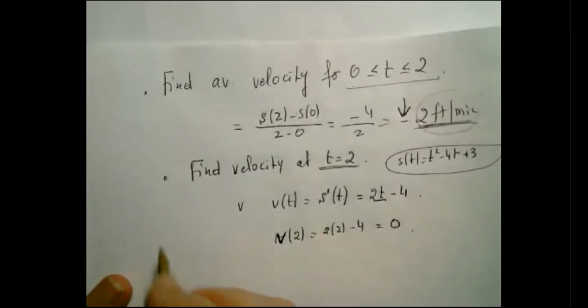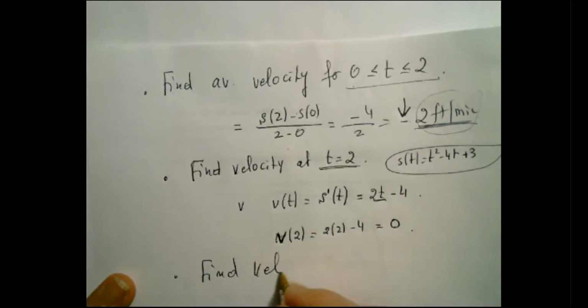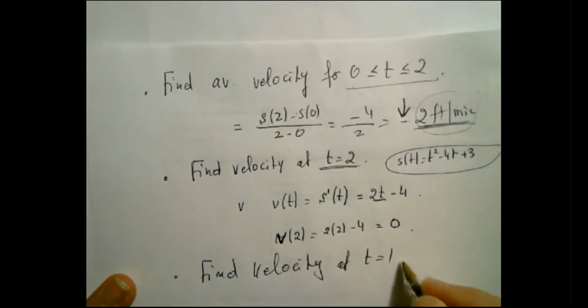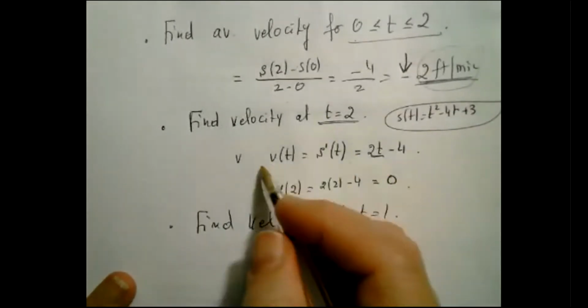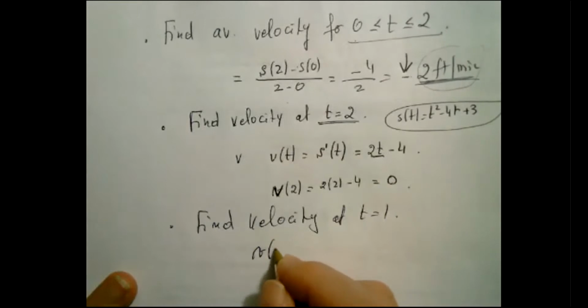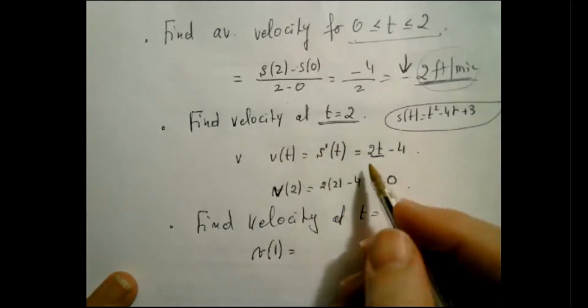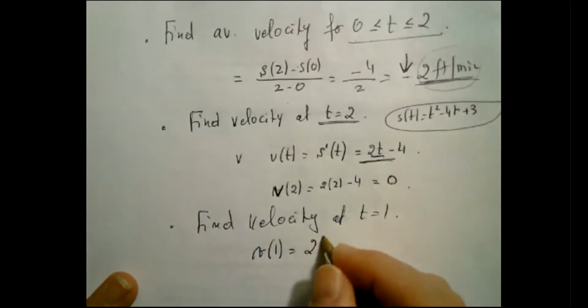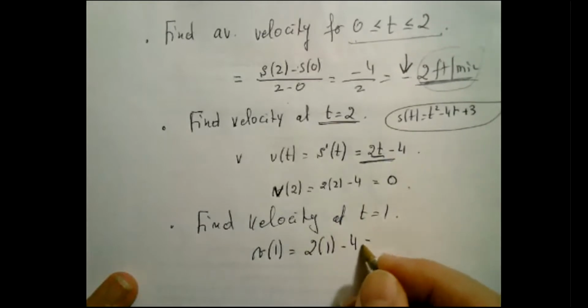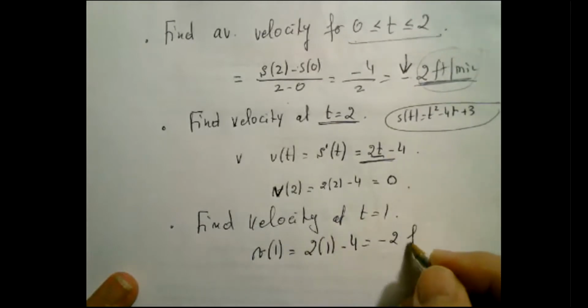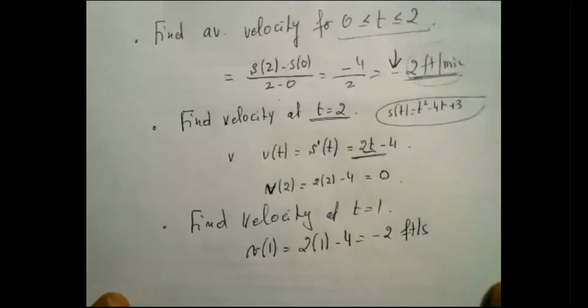Now find the velocity at t equal to 1. After 1 minute. So velocity at 1, I plug in 1 into the expression. It's 2 times 1 minus 4, which happens to be minus 2 feet per second.